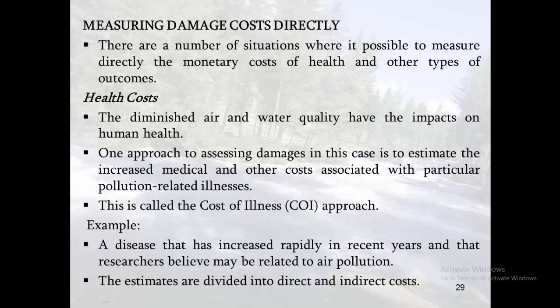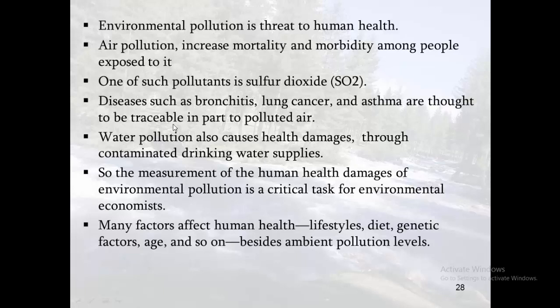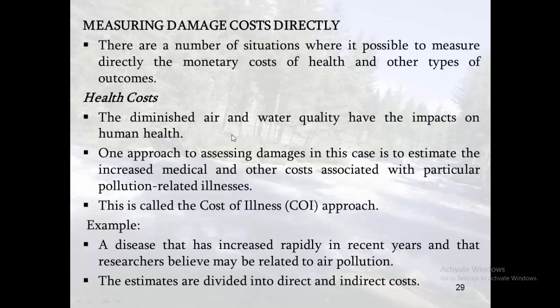We know that polluted air and low water quality impact human health. I discussed in the previous slide that contaminated water supply and water pollution or air pollution affect human health. One approach to assessing damages in this case is to estimate the increased medical and other costs associated with a particular pollution-related illness.